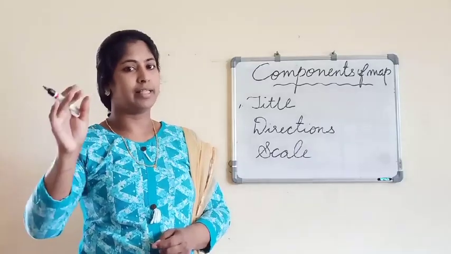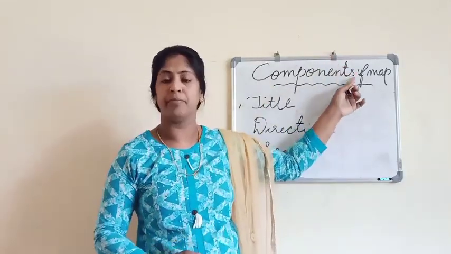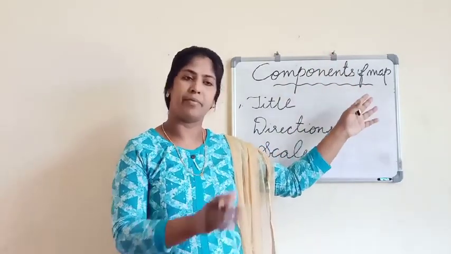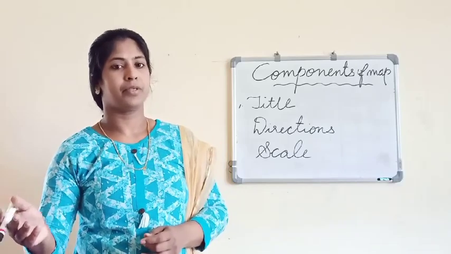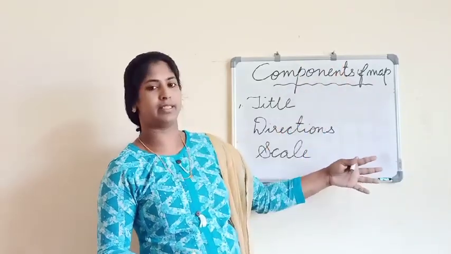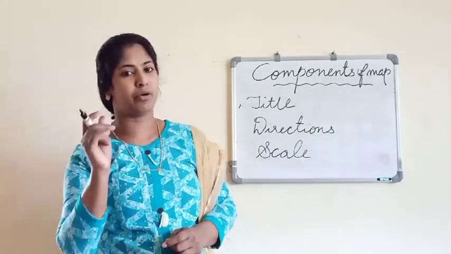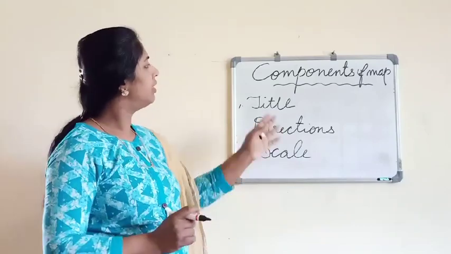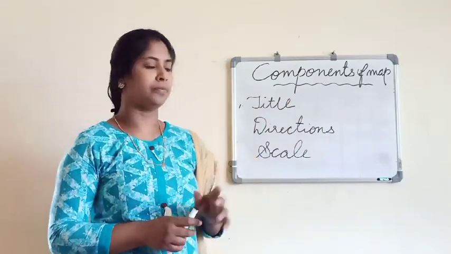It also mentions whether it is a political map, physical map, thematic map, or topographic map. What is mentioned at the top, what type of map it is, is known as the title of the map, which is the most important component of a map. I think it is clear to you.